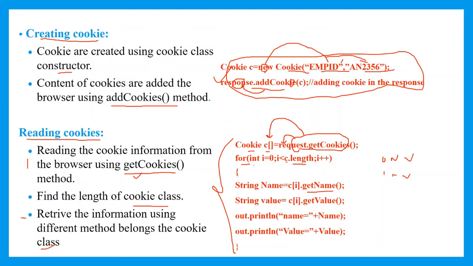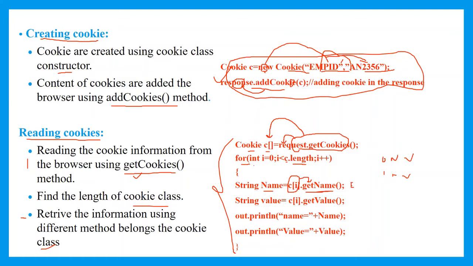In this example, the name assigned to the cookie is employeeID. I want to retrieve this name, and that can be done by making use of getName. This is a method belonging to the cookie class, so through the instance of the cookie class, I am invoking the method getName. Then the return value will be assigned in the form of a string called name. Here I got the name as employeeID.